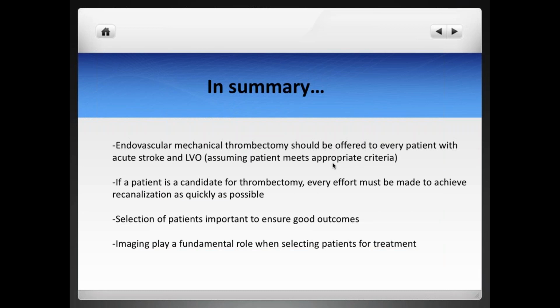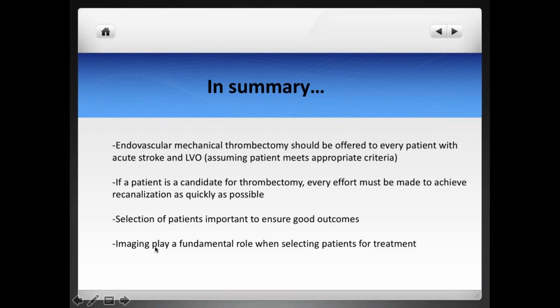I think, summarizing what I have said so far, endovascular mechanical thrombectomy should be offered to every patient with acute stroke and ELVO, assuming that the patient, of course, meets the appropriate criteria. And of course, if the patient is a candidate for thrombectomy, every effort must be made to achieve recanalization as quickly as possible. I think selection of patients is extremely important to ensure good outcomes.